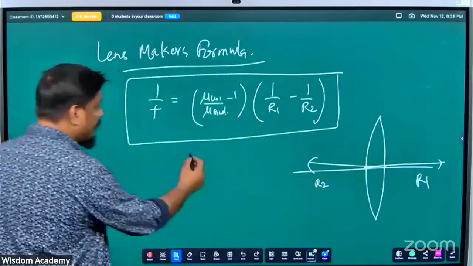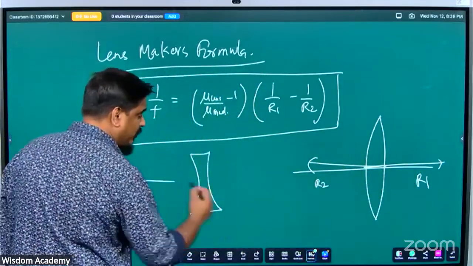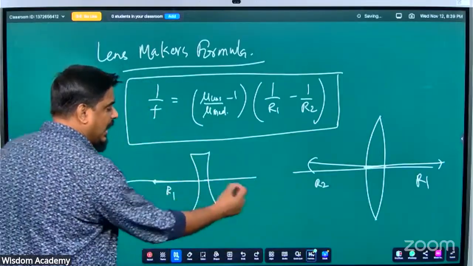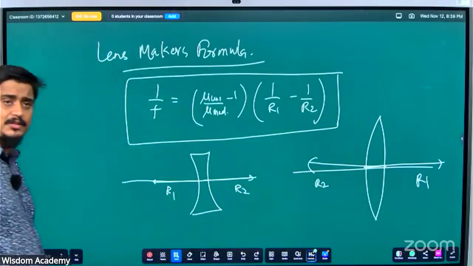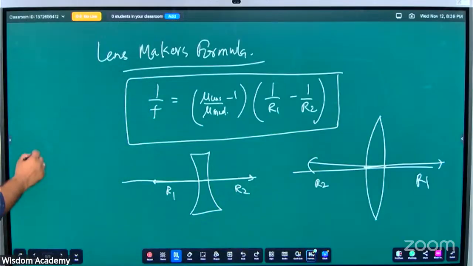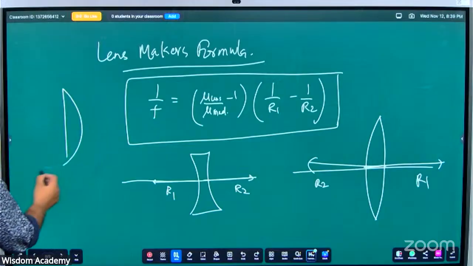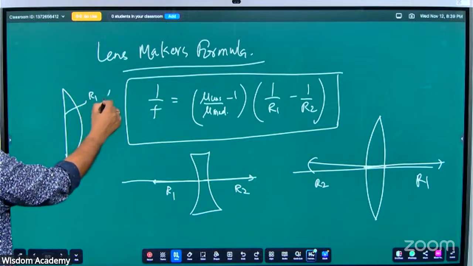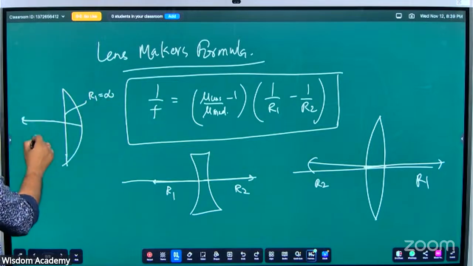If you have this lens, what is it called? Biconcave lens. Here the R1 will become negative. R2 will become positive. You may have a lens like this also. Plano convex lens. If the lens is like this, in this case, R1 will be infinite and R2 will be negative, isn't it?